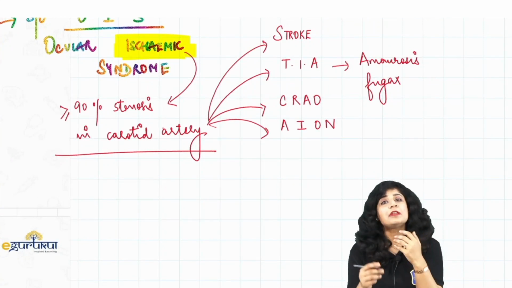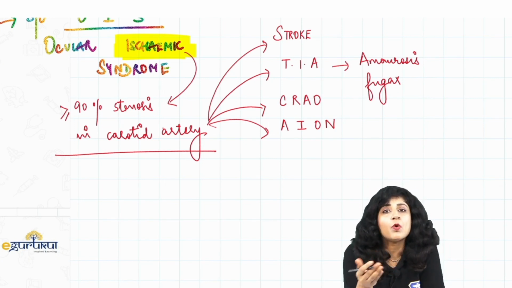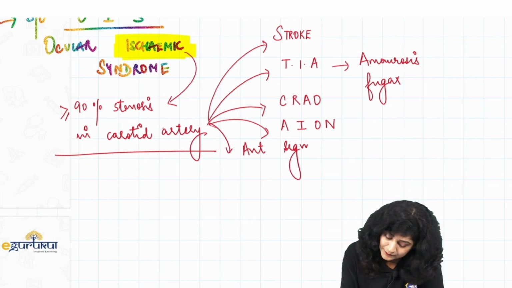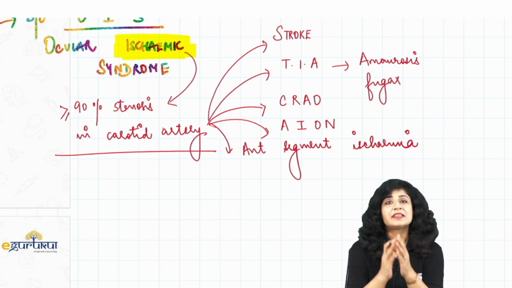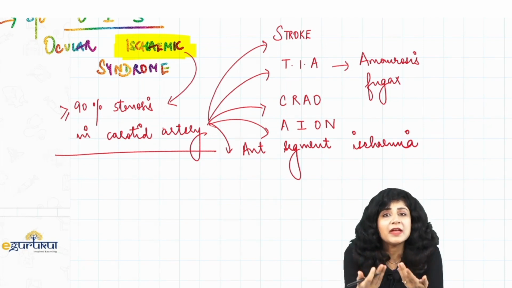So there are so many ways, because you have ischemia not only in the posterior segment, also in the anterior segment. So slowly and gradually this patient will also go towards anterior segment ischemia. So many of the signs of anterior segment ischemia will also be evident.